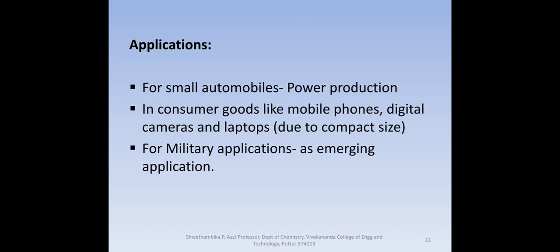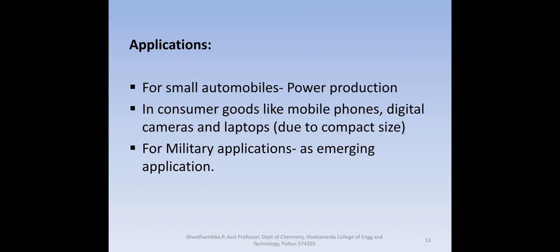Now let us move to the last part of the discussion, that is applications of the fuel cell. Since the methanol oxygen fuel cell is known to produce small power output, it is used for the automobile industry but not for the very large scale, only the smaller automobile sector.